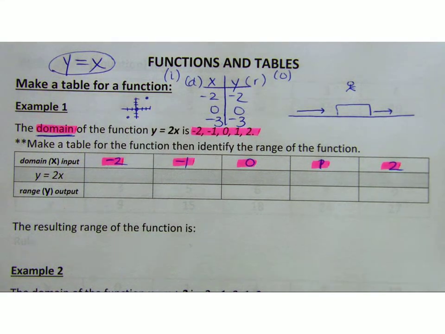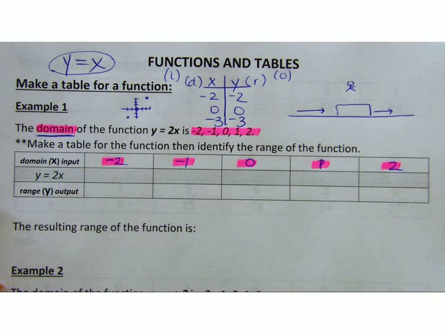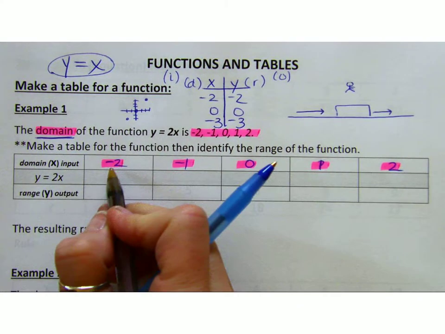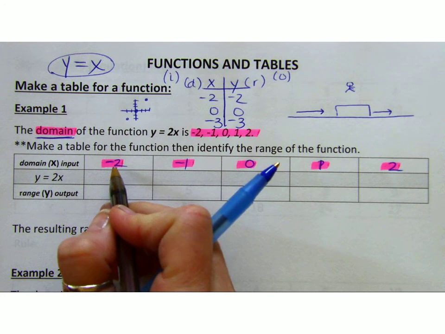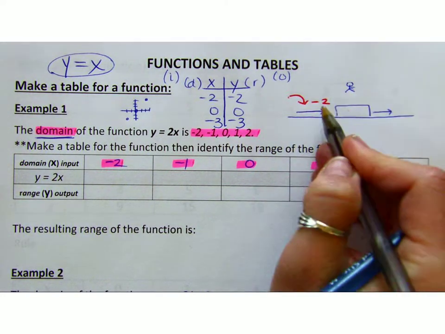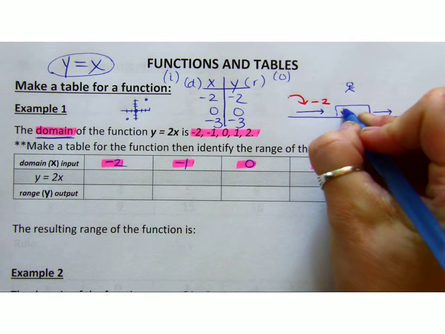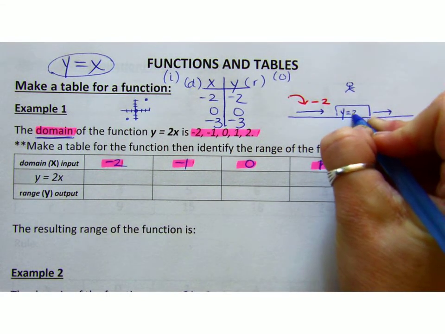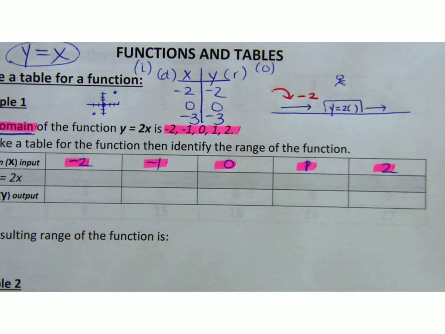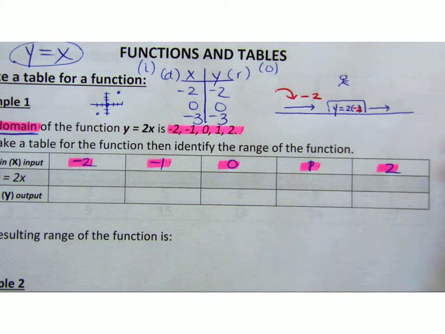So we know that our x values are our input. So if I were to say my input is -2, I'm going to input -2 onto this little conveyor belt. And when it's in there, it's going to take the place of x in my function that was given. Couldn't write any smaller here, could I?